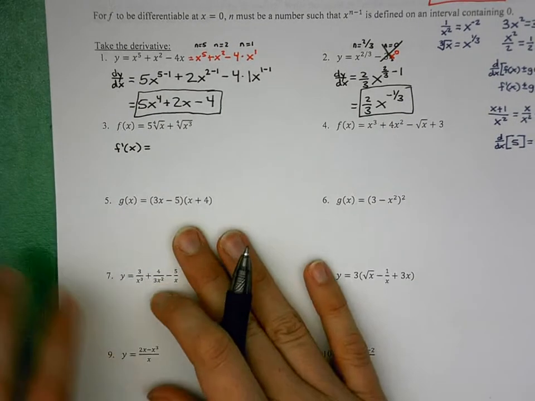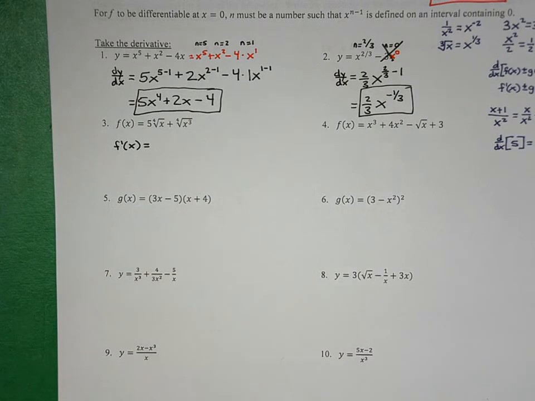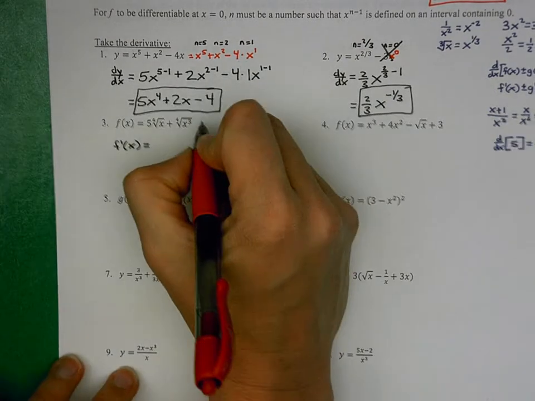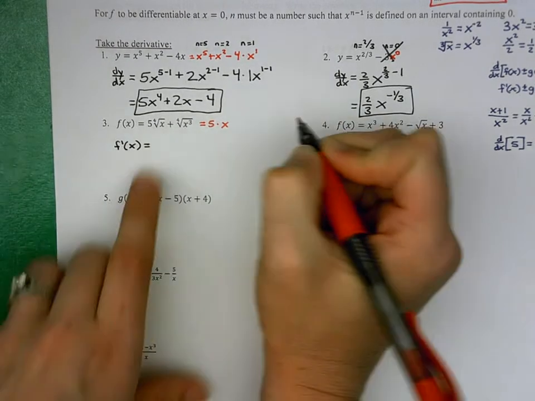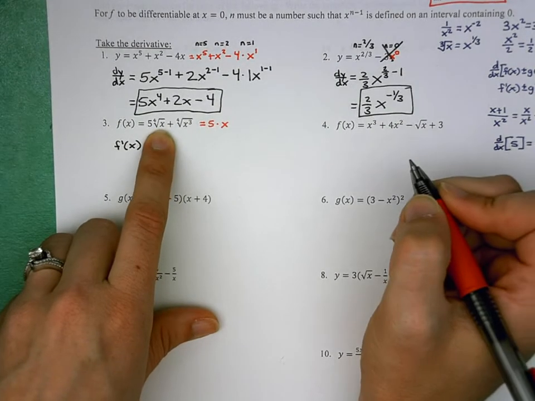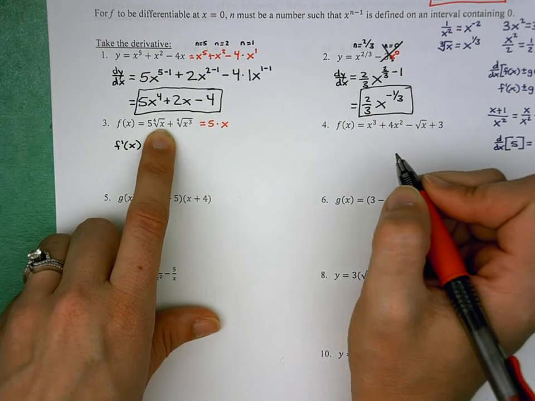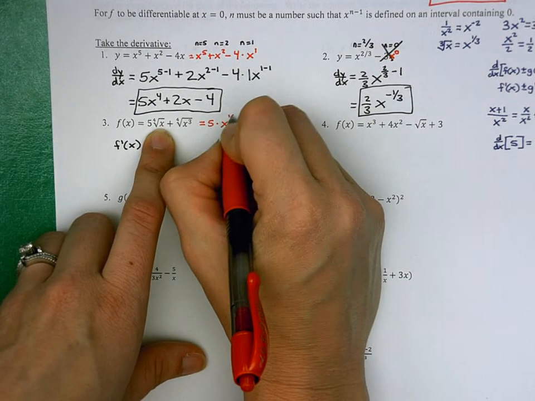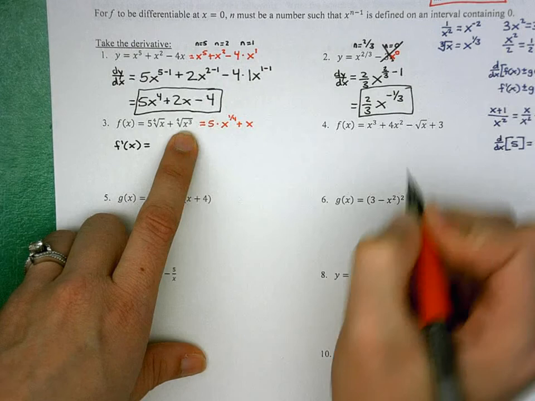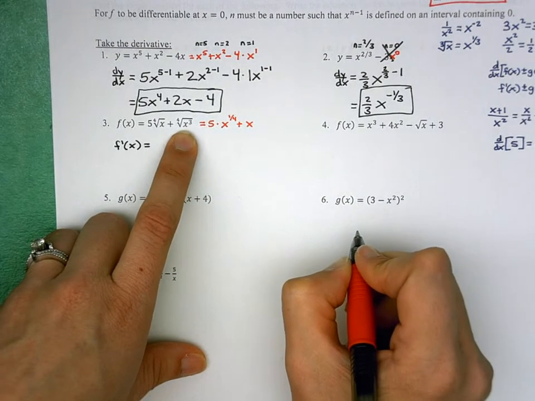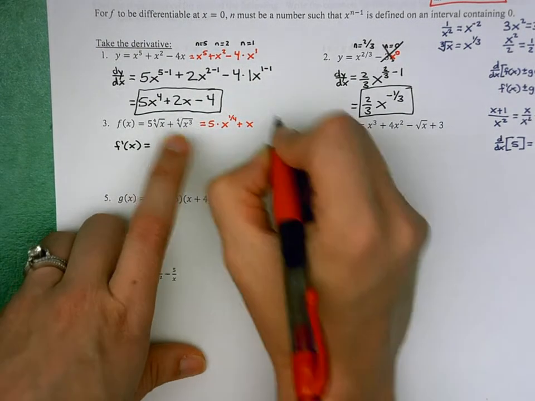Okay? So derivative. Let's go ahead and see our power rule here. So I'm going to rewrite these so I can see my n. So what would be the n, the exponent on this x? Well, that would be 1/4. Plus, and then this one, what would be the exponent on this x? Be 3/4.